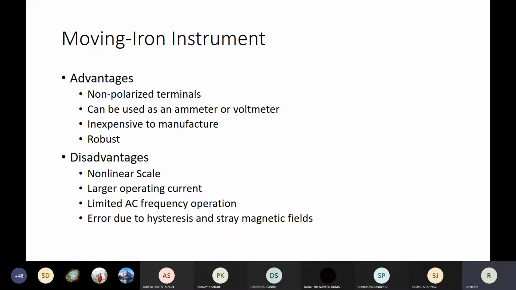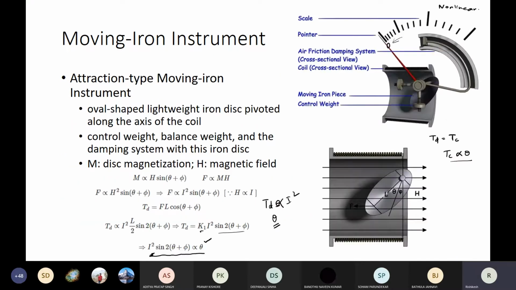And there will be some errors associated with hysteresis, because as we know, wherever a magnetic field comes into the picture, hysteresis is a part of that. And if you bring an external magnetic field in the vicinity of the instrument, that may also disturb the system, because we know that the working principle is a function of magnetic field H, right?